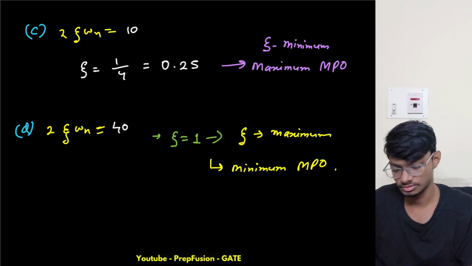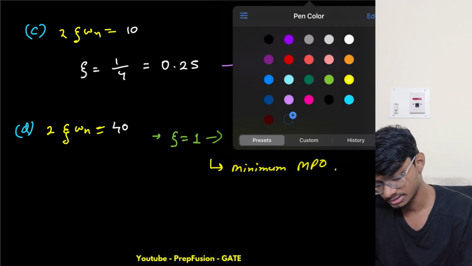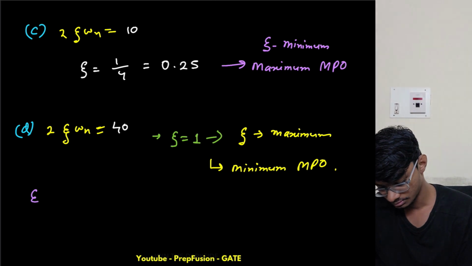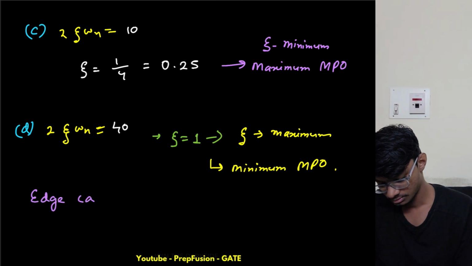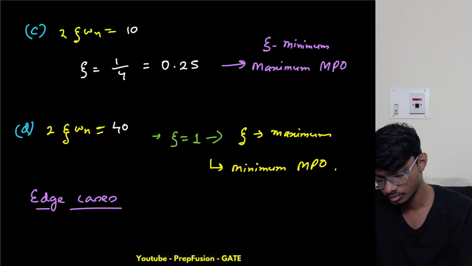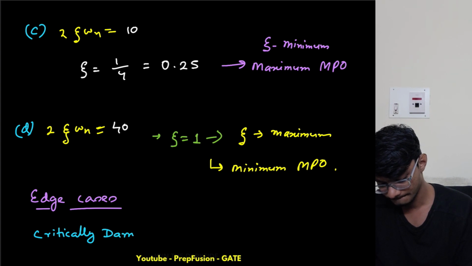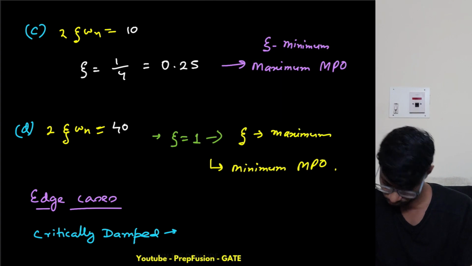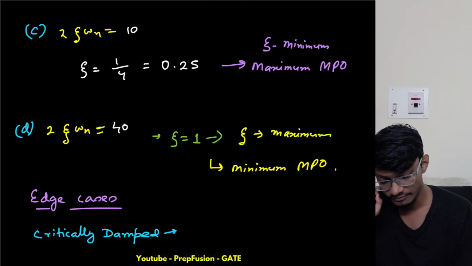Okay, so yeah, basically that is the main case. So what are the edge cases? Edge cases are, as we remember also, that for critically damped my system will have minimum MPO, basically no overshoot.